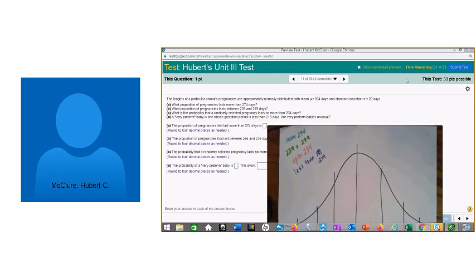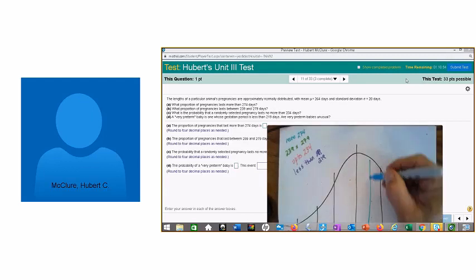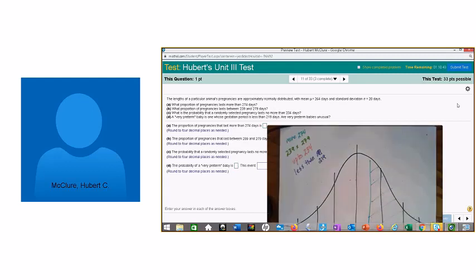All right, so the first one is in blue. 274. Well, I'm going to say 274 is right here in the half. More than 274. Now, I know that this is 50%. So 50%, I got to move this. I'm going to make it big. There we go.